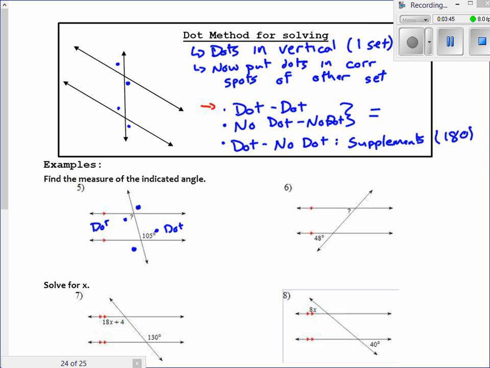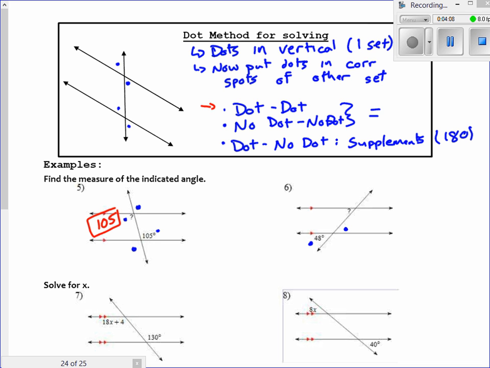Well, another word for same is equal. So I set those equal. So again, in other words, since the dots have 105, then the question mark is 105 degrees. So either way, whether you started with a dot or started without a dot, you should still end up at 105 degrees.